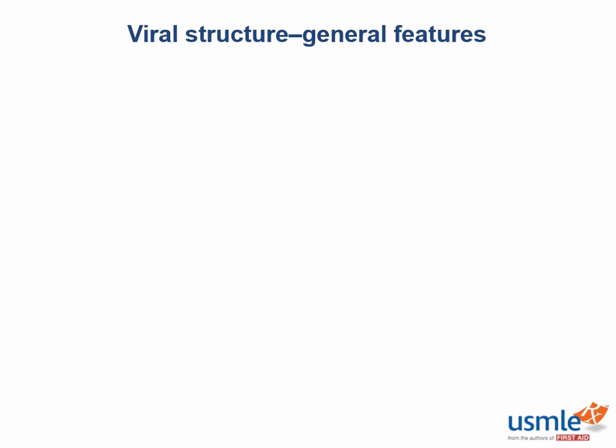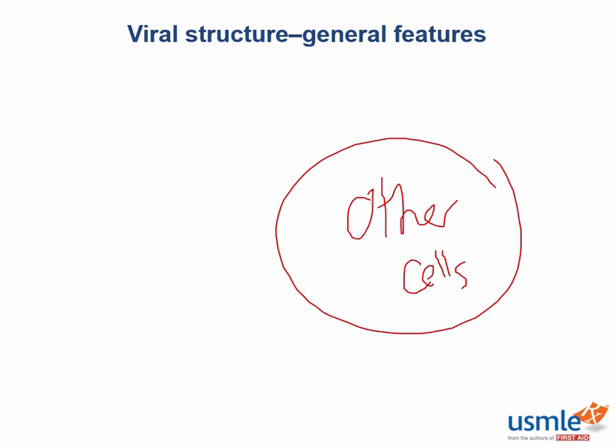Alright guys, so first, what is a virus? Have you guys ever thought about that? Well, a virus is an infectious agent that replicates only inside other cells. This virus requires these cells because it does not have the machinery needed to replicate and become infectious on its own. It relies entirely on other cells, including cells of our human body.